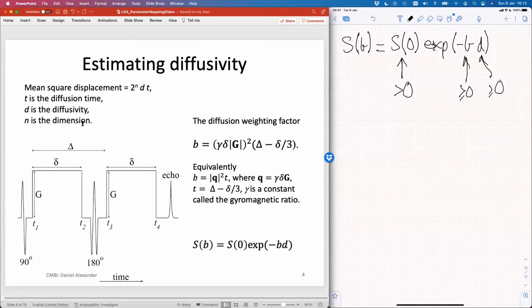So that means that the term in the exponential, minus BD, must be less than or equal to 0, which tells us that the exponential itself must be between 0 and 1. So it's in that interval, which then tells us that S_B must be in the interval 0 up to S0.